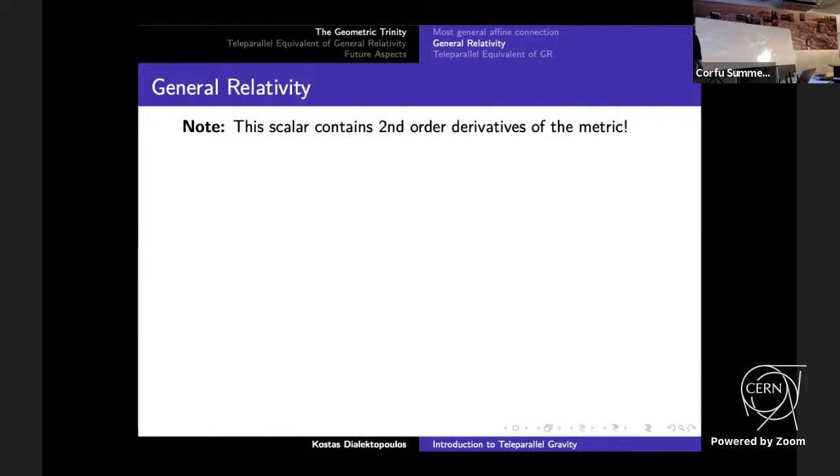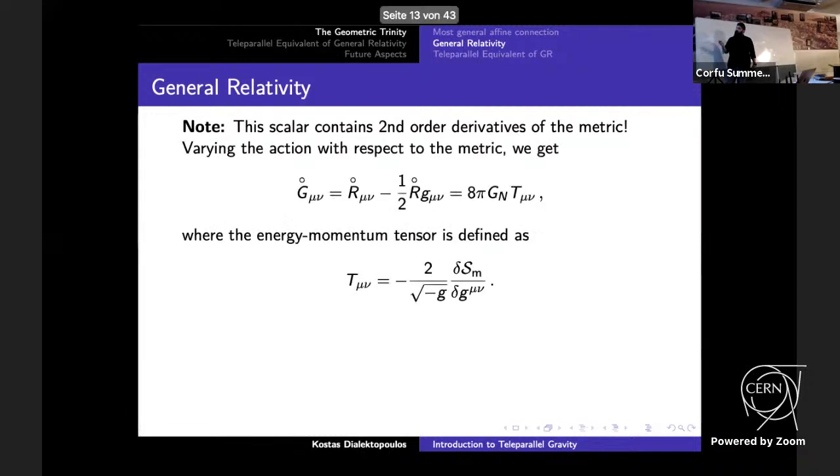I remind you here that the Ricci scalar, which creates a couple of problems actually, depends on second-order derivatives of the metric, and that's why we need to add the Gibbons-Hawking boundary term to vary the action and find the correct equations of motion.